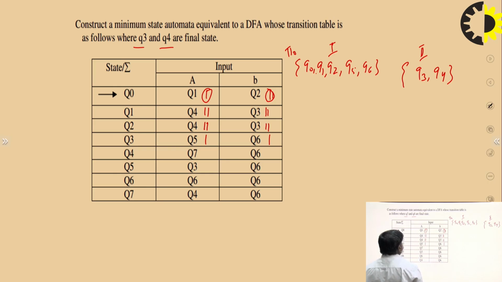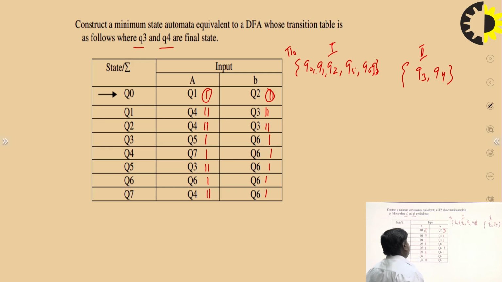Q7, that is set 1. Q6, that is set 1. Q3, that is set 2. Q4, that is set 2. Here we mention the other states, that is Q7.